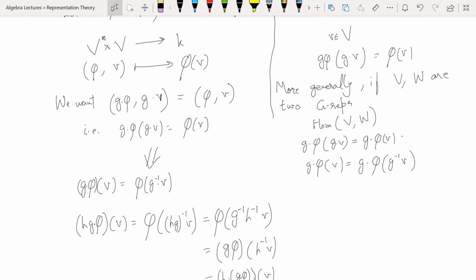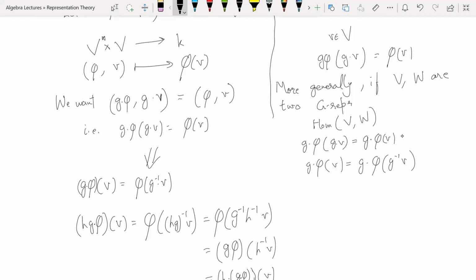What do we have to do to show that this is a representation? We take h and g. Of course, if you put the identity, that check is trivial: e dot phi is phi itself. So the only thing we have to check is that (hg) dot phi is the same as h dot (g dot phi).